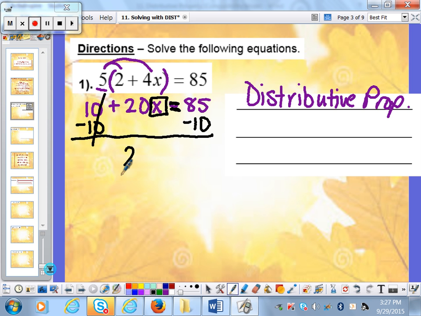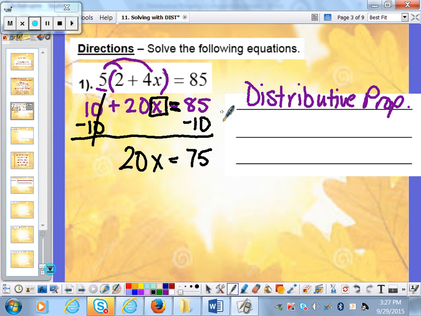We're left with 20x equals 75. On the line to the right, think about what we did to both sides. We subtracted 10. But if you remember from the lesson from the other day, we talked about there really only being two types of properties of equality.